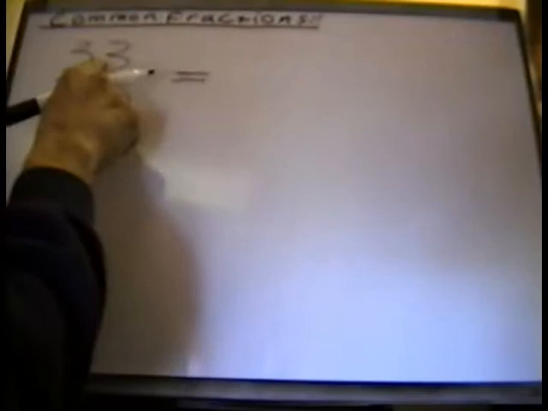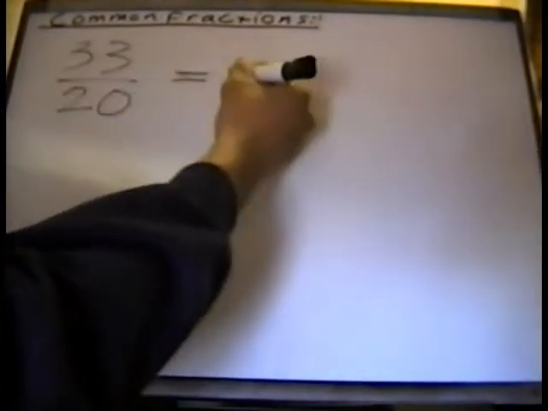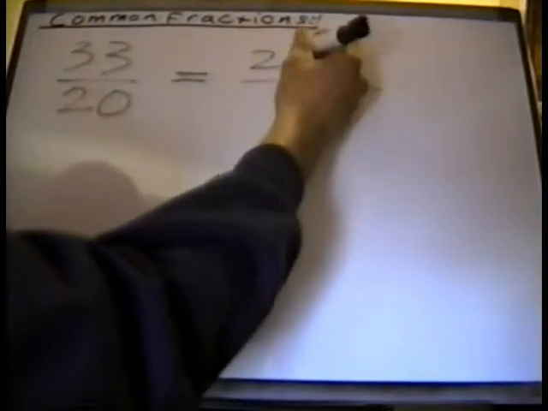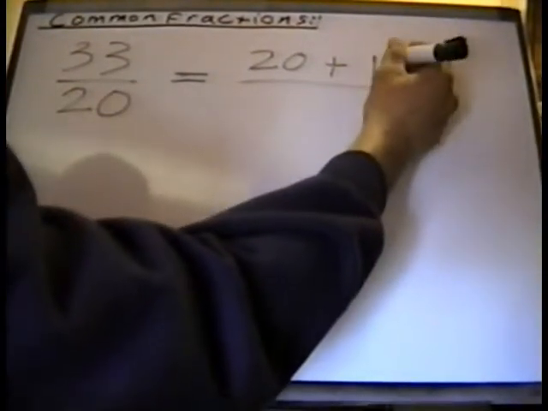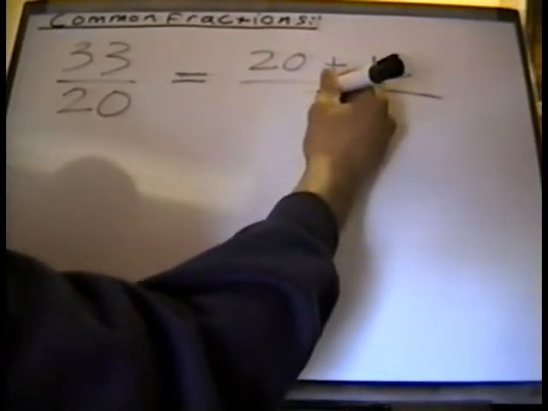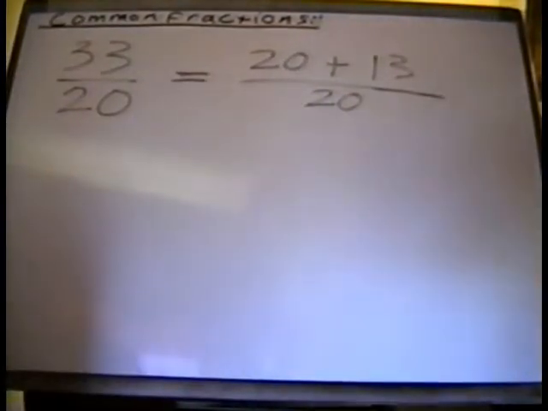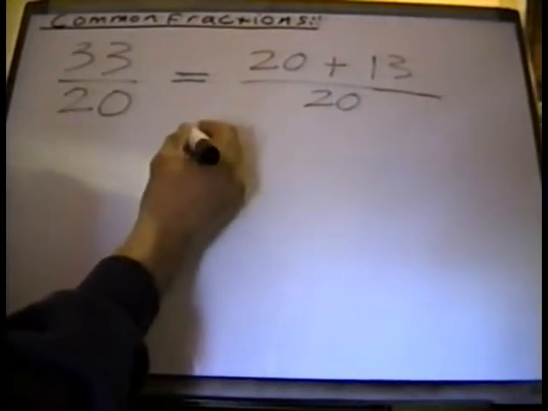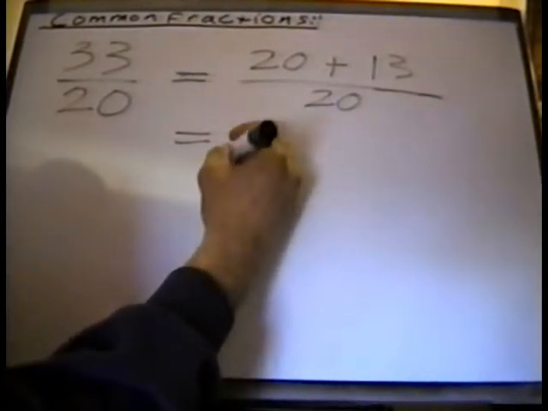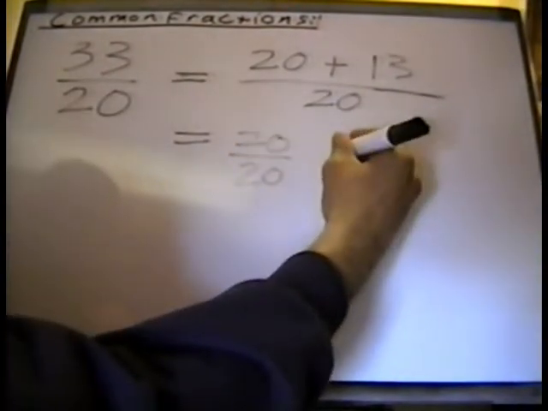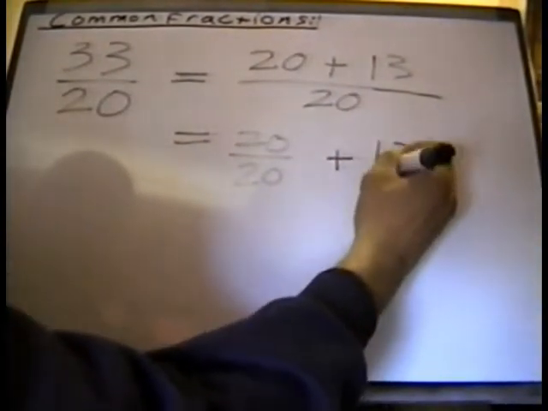We notice it's 20, and we know the numerator is greater than the denominator, so we can say 20 plus 13 over 20. Well, that gives you 20 over 20 plus 13 over 20.